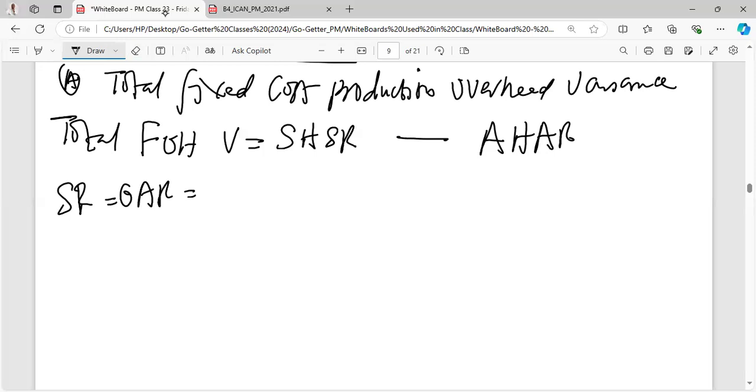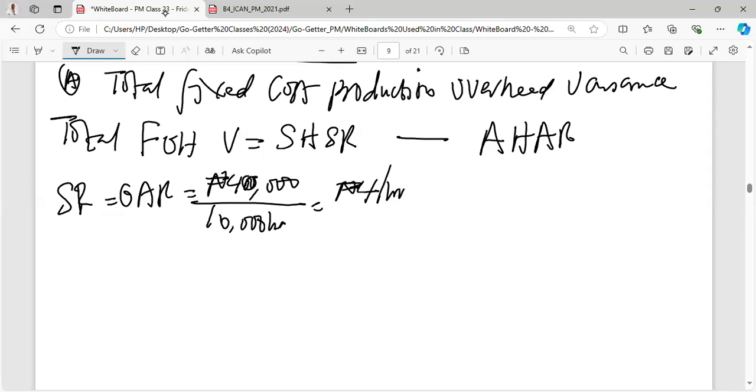So it's going to be 40,000 divided by 10,000 hours, which gives you 4 naira an hour. That's the standard rate.